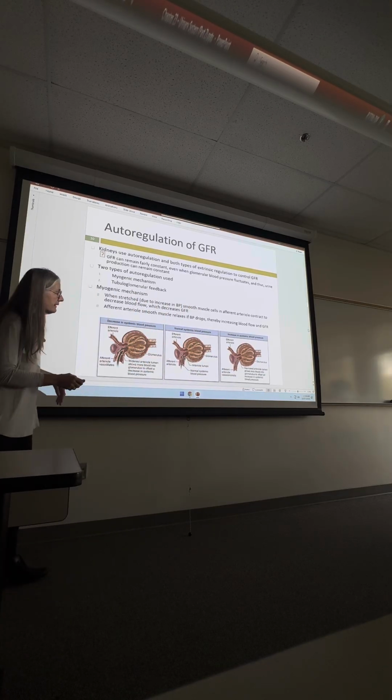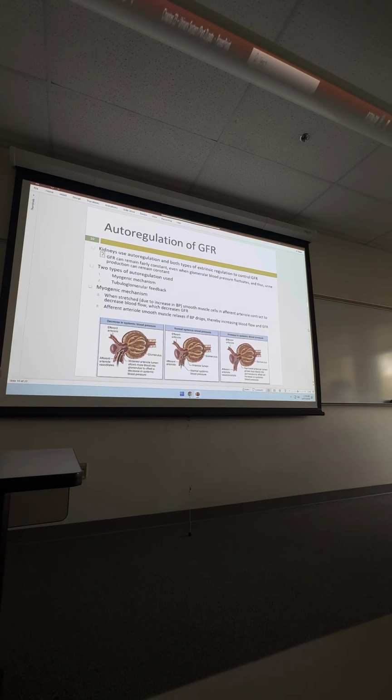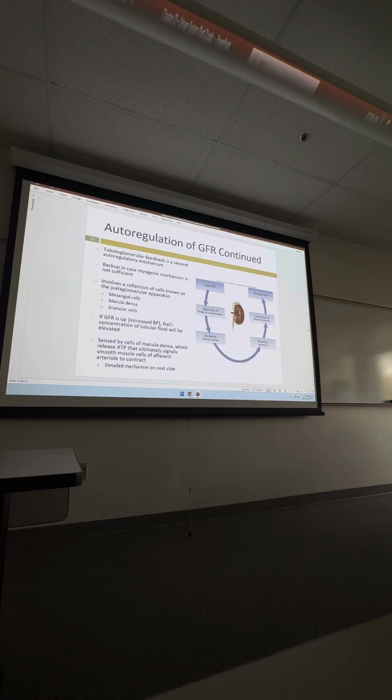So let's say that the myogenic mechanism isn't enough to counter the high blood pressure. We have this increased flow of blood into the glomerulus. That's going to increase the filtrate process, because if we have an increase in the flow of blood in, it's going to increase the blood hydrostatic pressure, it's going to increase the net filtration pressure, hence the glomerular filtration rate is going to increase. Can everybody see that?